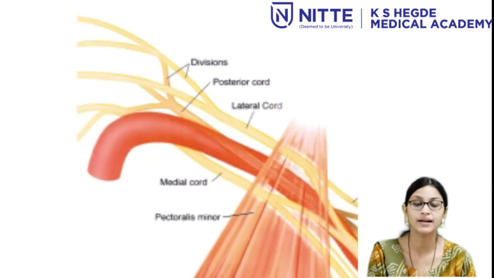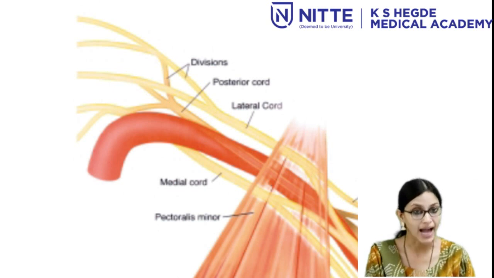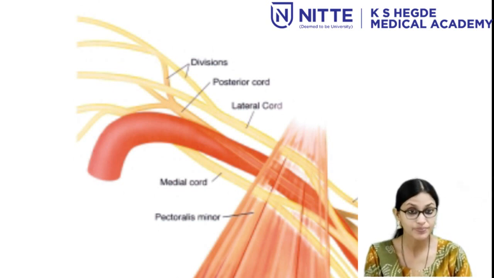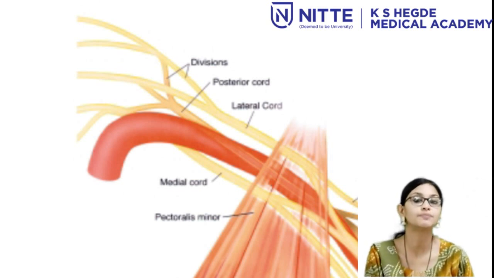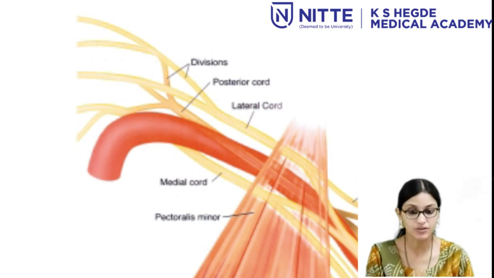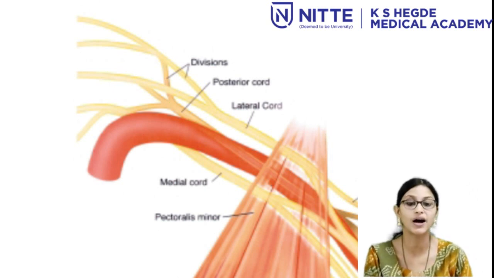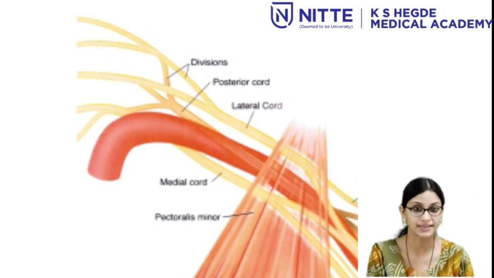Now coming to the cords and how they are arranged. The 3 cords enter the axilla and are arranged according to their name or relation with the second and third parts of the axillary artery. The lateral and posterior cords of the brachial plexus are lateral to the first part of the axillary artery, and the medial cord is behind the axillary artery.